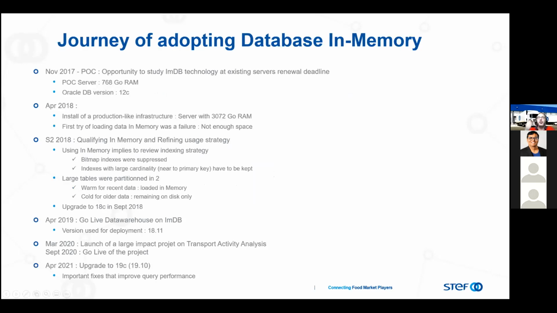What was our journey of adopting an in-memory database? We started in 2017 with a proof of concept. At that time, we decided to change our server, and we took the opportunity to study IMDb to work on the performance we can deliver to our customer.